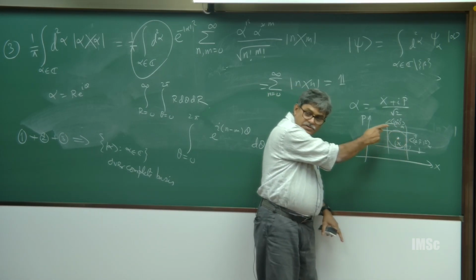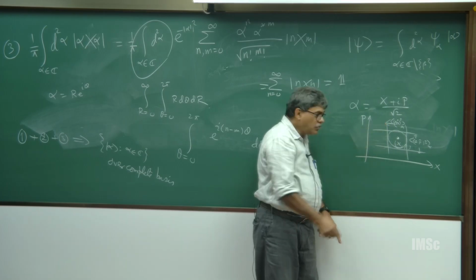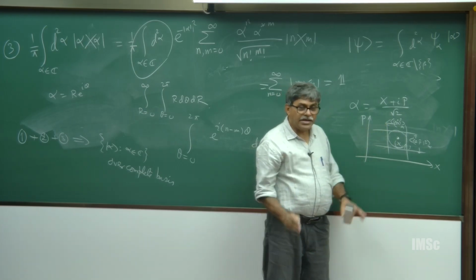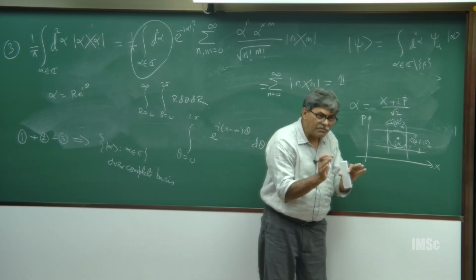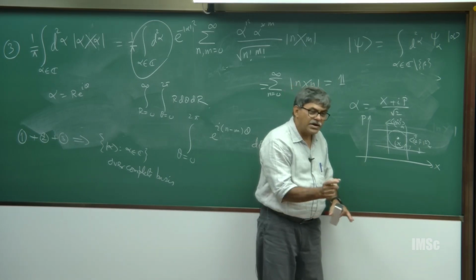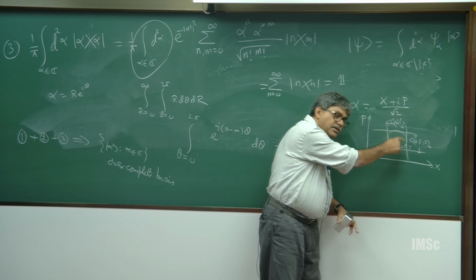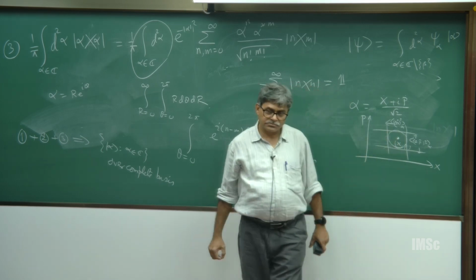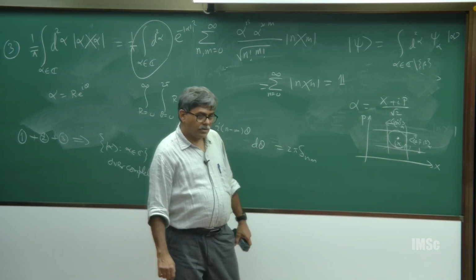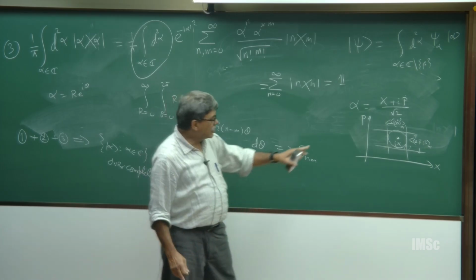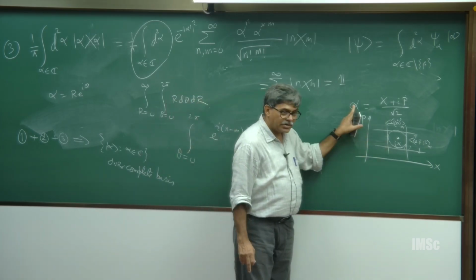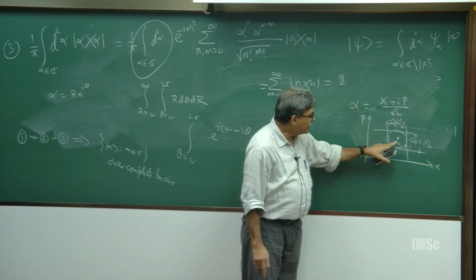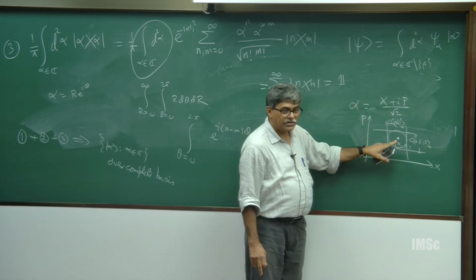And there can't be any other quantum state whose uncertainty is less than this area. This is why we say that this is the closest quantum state corresponding to this classical state of light.